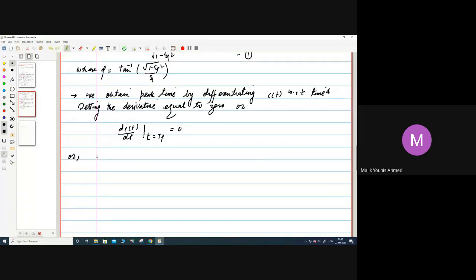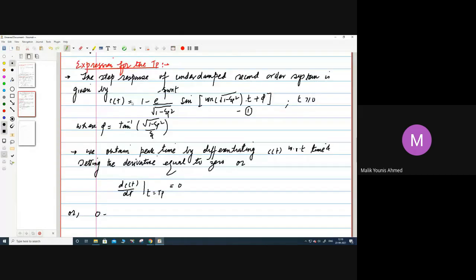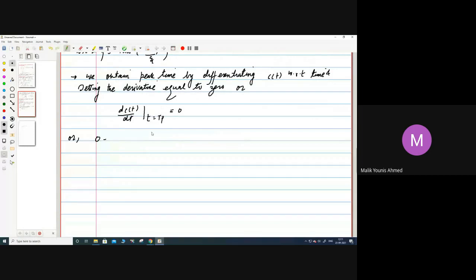So first is 0 minus, the second function. This is the first function, so first into derivative of second. That means we'll be writing e raised to the power minus xi omega n t divided by under root of 1 minus xi square, into the derivative.